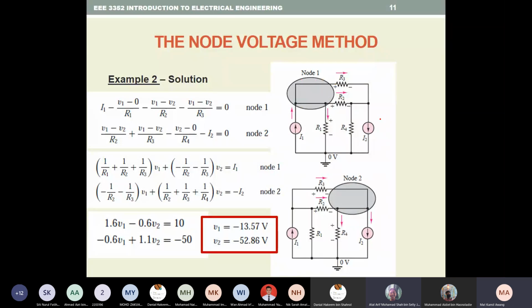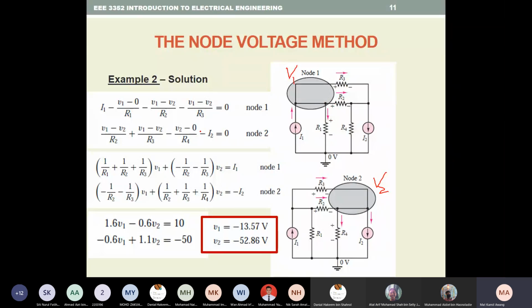I1 is going in, and let's say we call this node V1, and this node is V2. So at V1, I1 is going into the node. IR1 is going out, IR2 is going out, and IR3 going out.